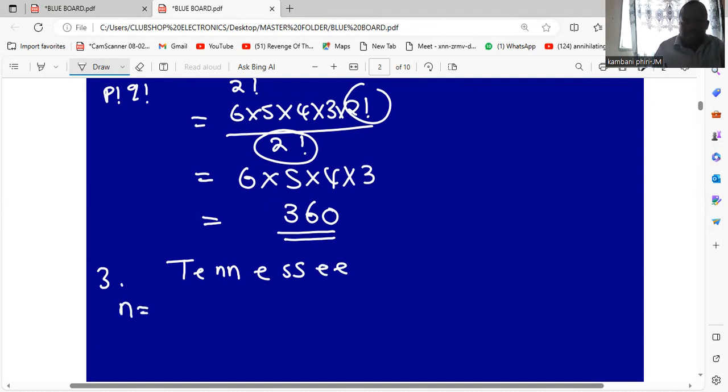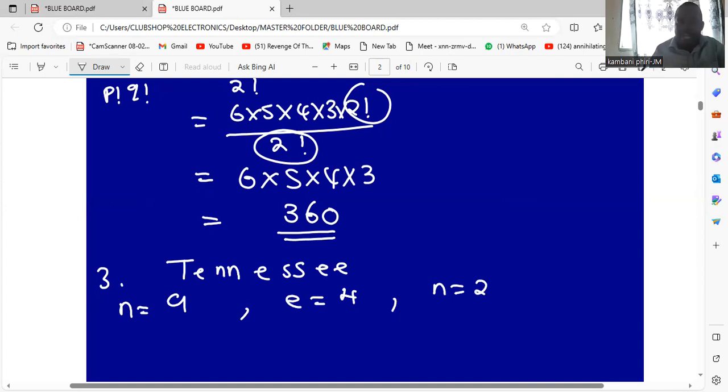You have got 9. 1, 2, 3, 4, 5, 6, 7, 8, 9. There are 9. Then any letter that is repeating: E is repeating 4 times. N is repeating 2 times.